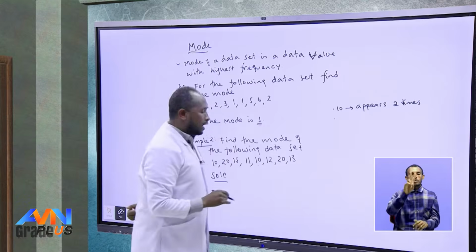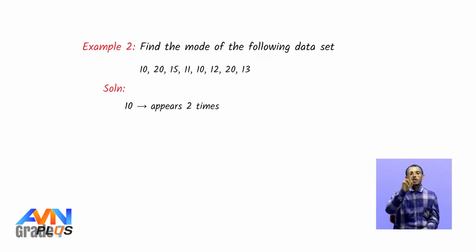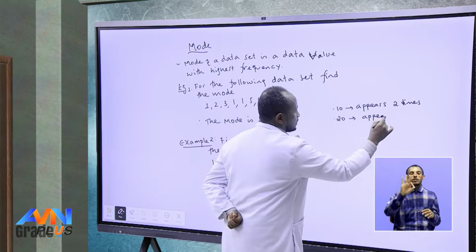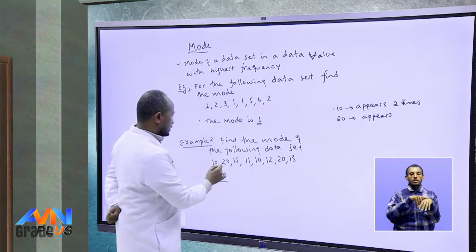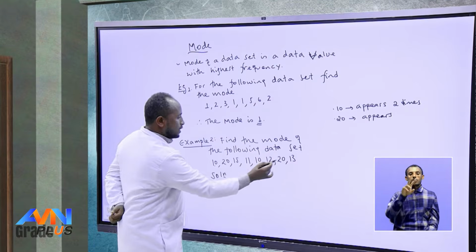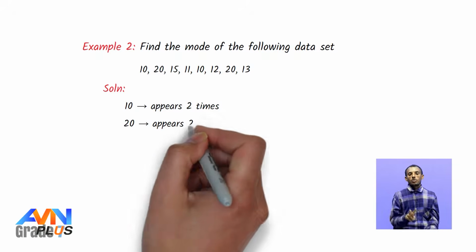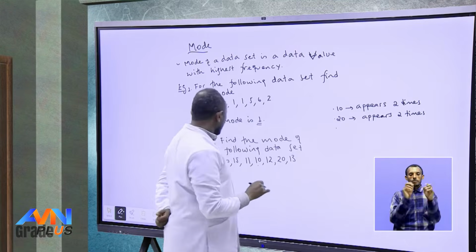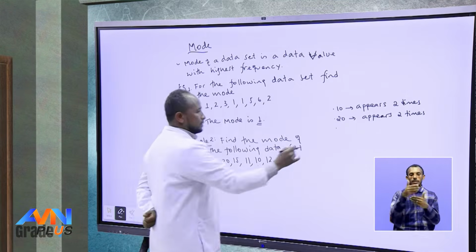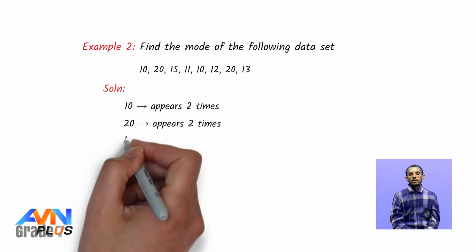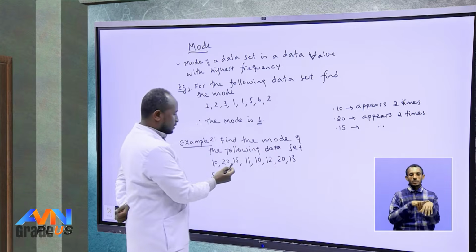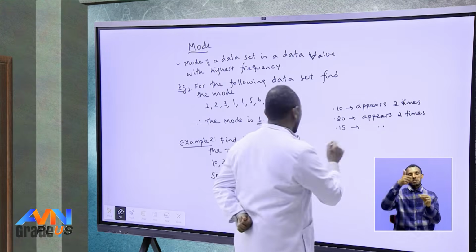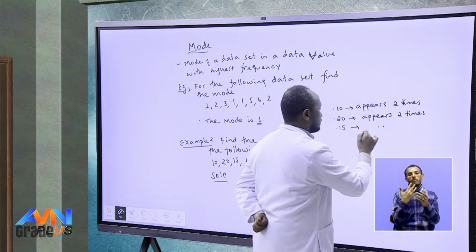Okay, now let's see 20. How many times does 20 appear? Again, we have 20 here. 20 also appears 2 times. Now the next number, 15. How many times does 15 appear? We have only one 15. There is no other 15.